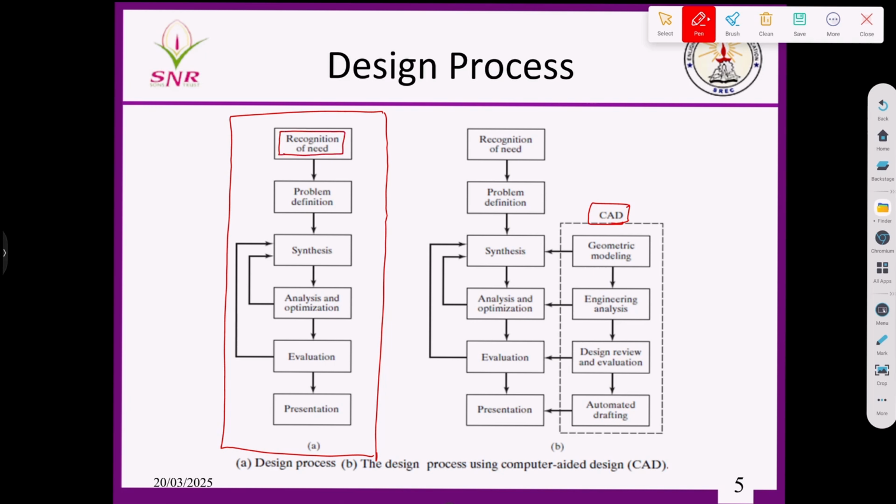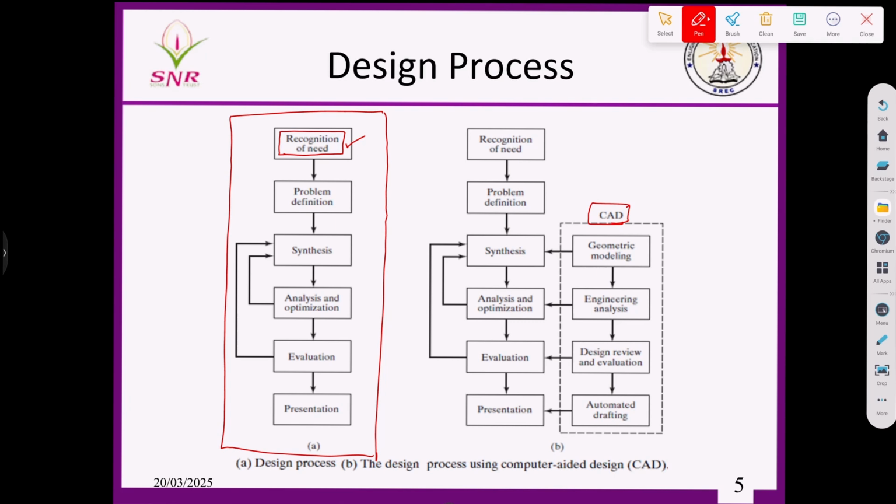If the requirement is a chair, first it has to be identified for what segment of the market we are going to address. Then we have to understand the customer's need first. For what application? The chair can be used in classrooms.